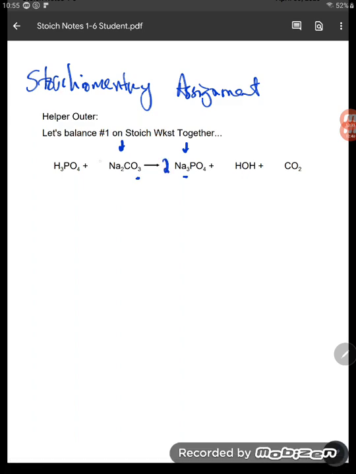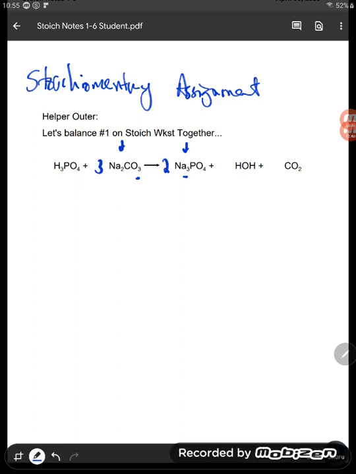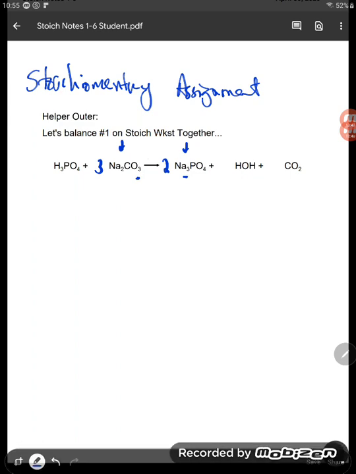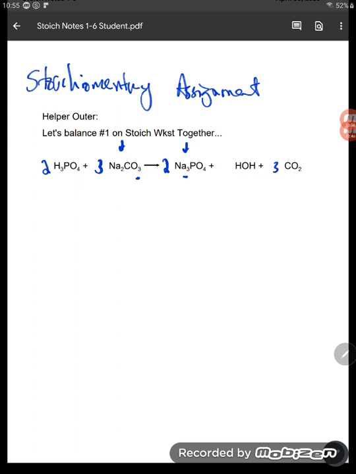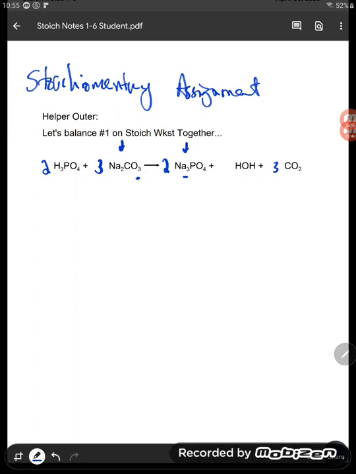I know that I'm going to need to get to 6. That's the only way we can balance out 3 and 2. I'm going to take a look now at, and I just kind of pick through and I move through logically here. Look at my phosphorus. I have 2 phosphorus, so I need to place a 2 out in front here to balance out the phosphorus. I'm going to take a look at my carbon. There's 3, so I'm going to place my 3 out in front of here. And then as I look through, I only see hydrogen in 2 places.